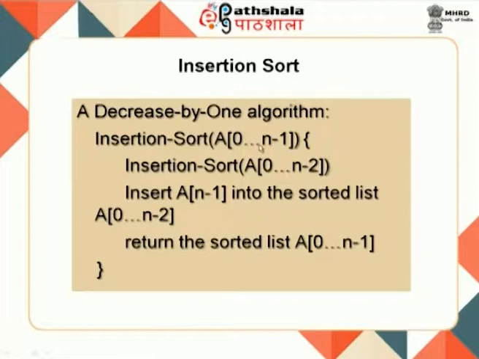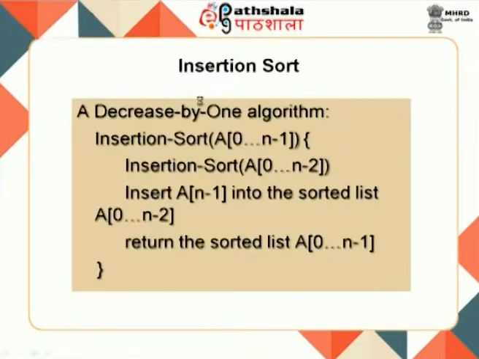So, let us take a decrease by 1 algorithm, insertion sort. You are decreasing by 1: sort n minus 1, insert a n minus 1 into the sorted list you get by calling this and return the sorted list. Now, when you call this again, what will you do? You will do n minus 2 minus 1 and then n minus 3 minus 1 and so on till you come to a trivial case where the value will be sort a 0.